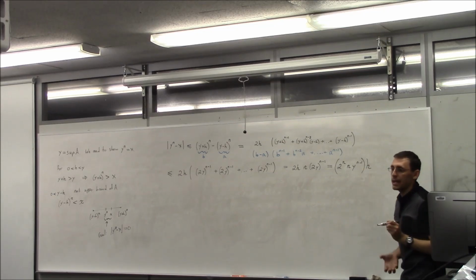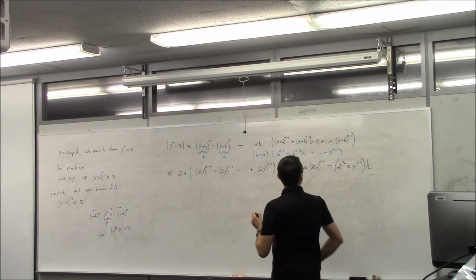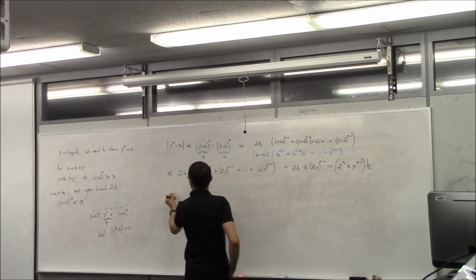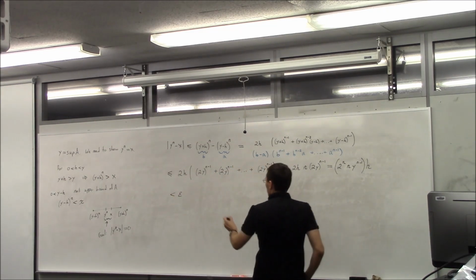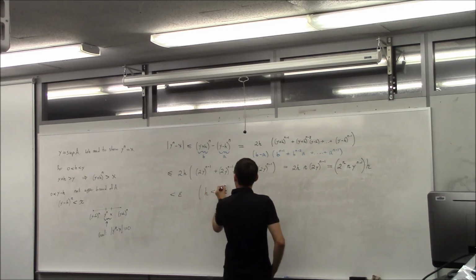Aha! And h I can make as small as I like. So you see this? Here we're going to say that this is less than epsilon for any positive number. So here what you do is you take h to be smaller than epsilon divided by 2 to the n and y to the n minus 1.